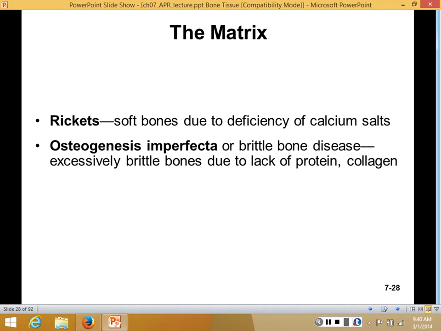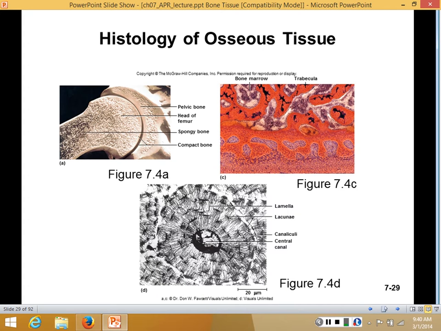But as she started getting older and started taking the calcium supplements and the vitamin D, she wasn't as prone to getting those fractures because the bone is still developing, as we're going to talk about a little bit later, while you're growing in kids. So, brittle bone disease. Excessively brittle bones due to lack of what? The protein collagen.